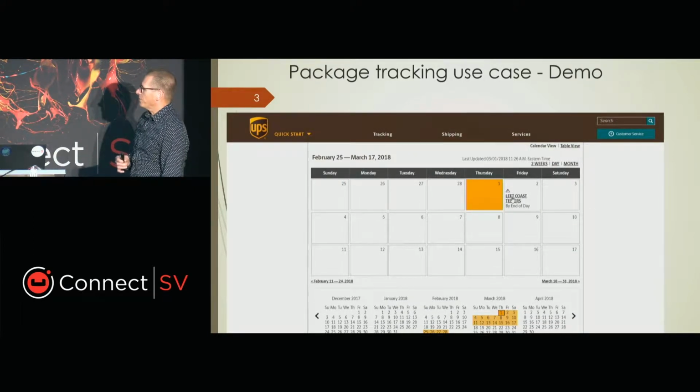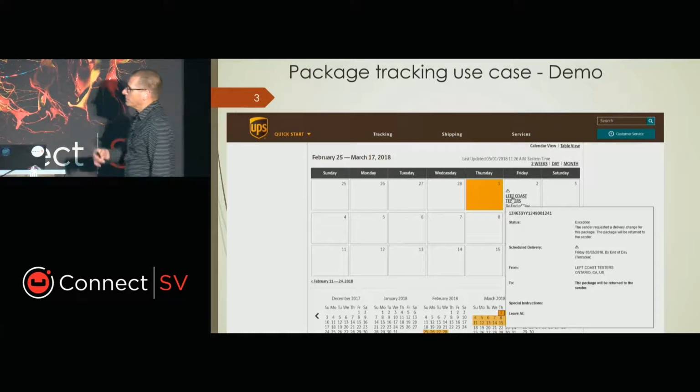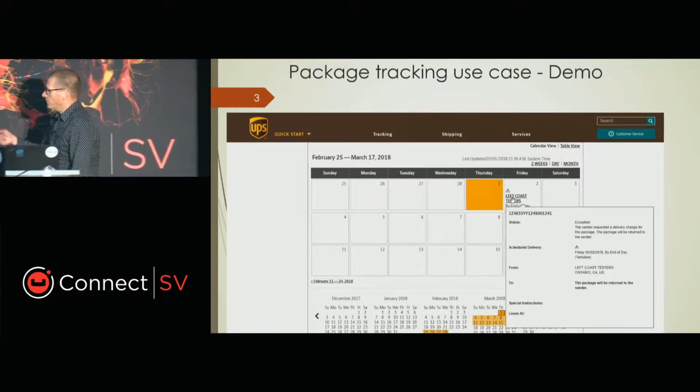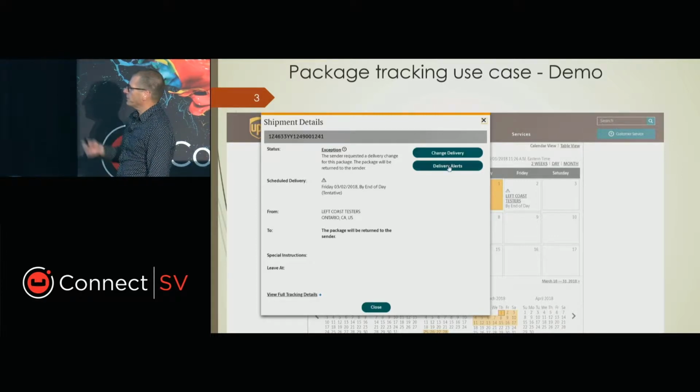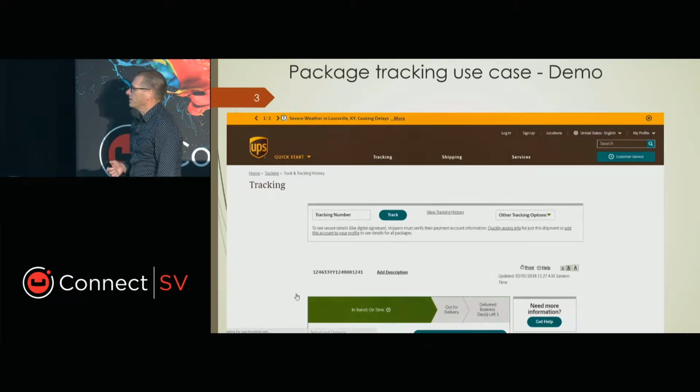They wouldn't let us use live data for whatever reason. It'll show us the details about what's involved with that package, where it's coming, where it's gone from. We can change our delivery, set up delivery alerts if we want to, and we can look at another level of detail should we want to do that. And that's what we've got down here, and I'll scroll down.